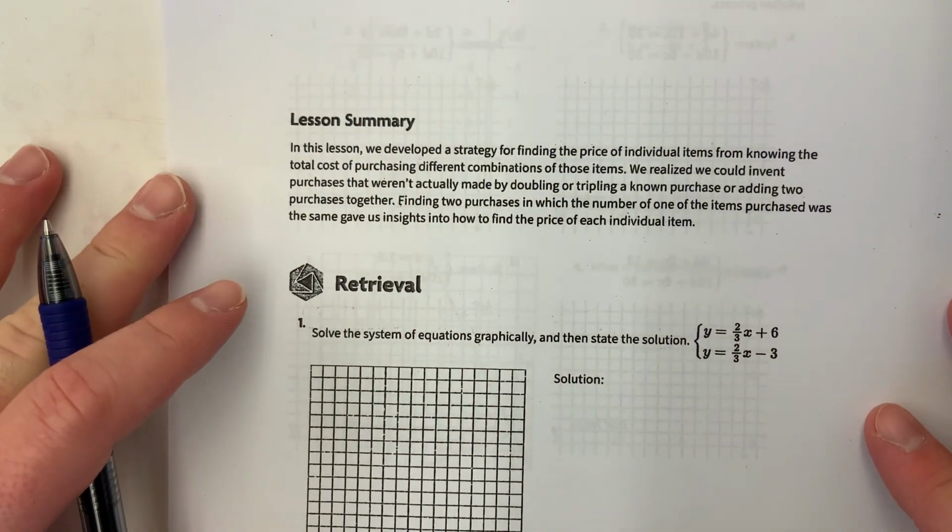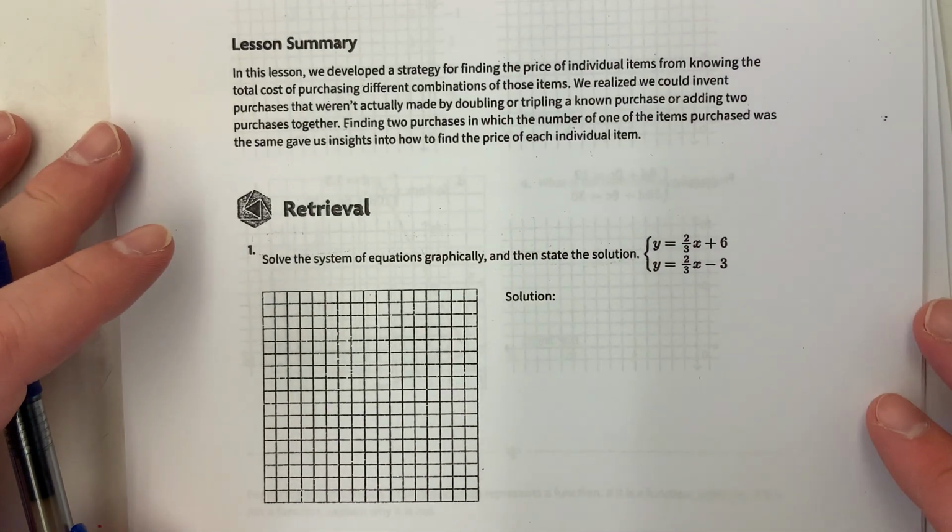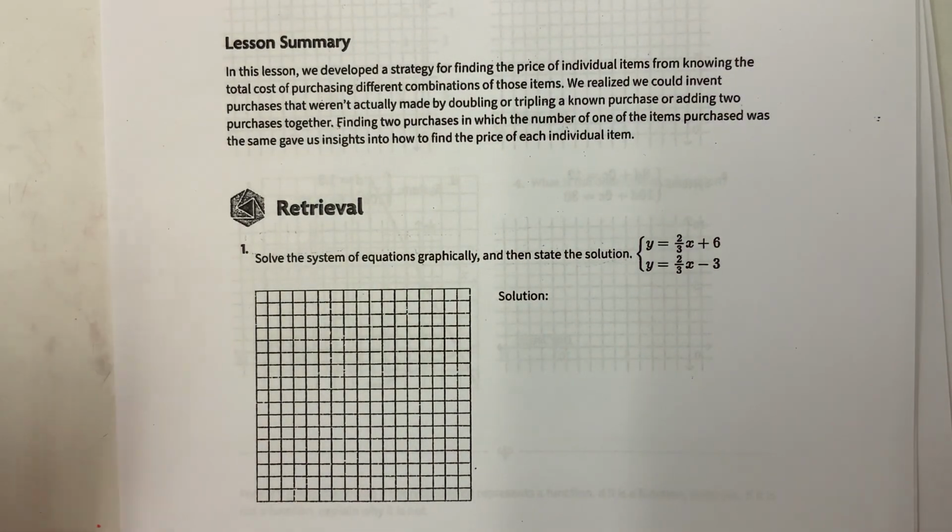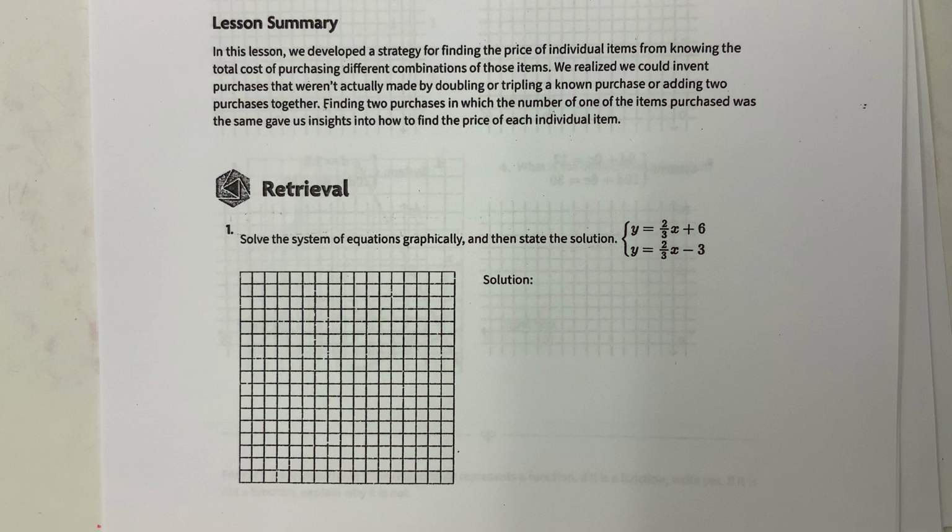All right, turn it over here to the retrieval. We're going to solve the system of equations by graphing. This is our bread and butter. This is what we're the best at. Everybody knows how to do it. You will need a ruler, so pause if you need to grab a ruler.